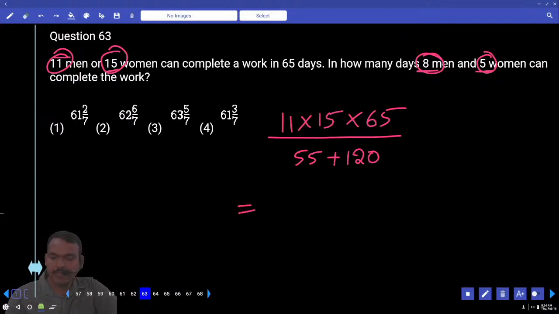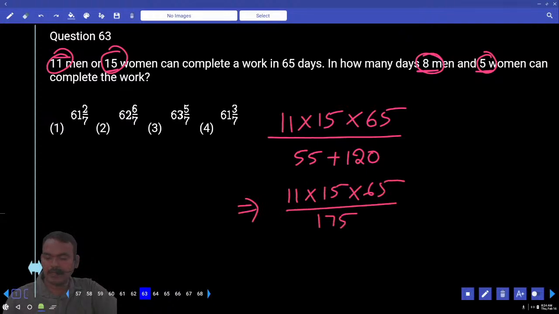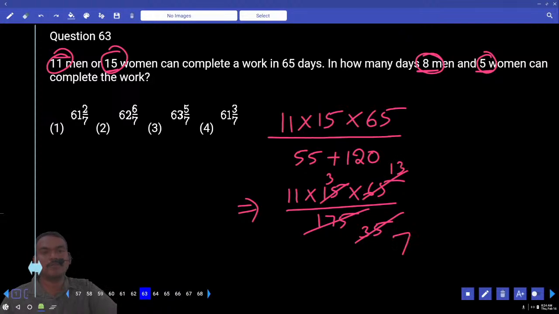Okay, 11 into 15 into 65 by how much value? 175, or not? 5 how many times? 15, 3 times. 5 how many times here? 30, 5 times, or not? 5 again 7 times. 5 again 13 times, or not? 3 into 13, 39, or not?